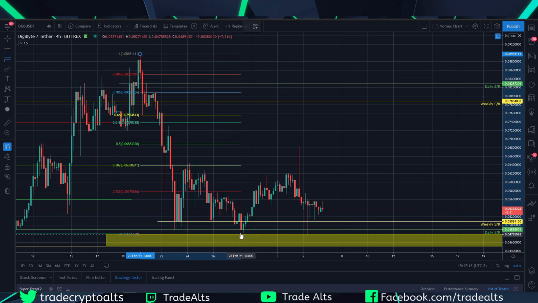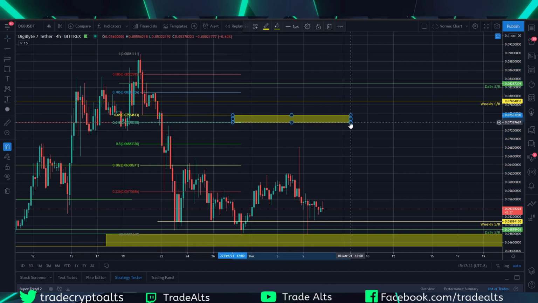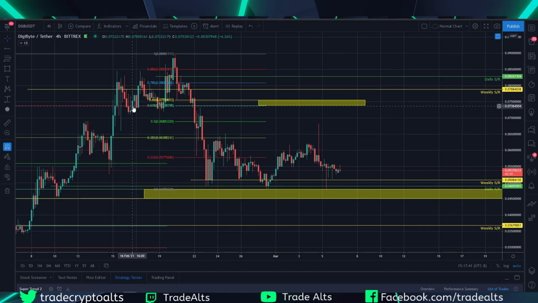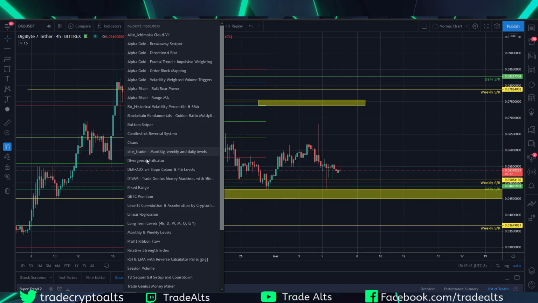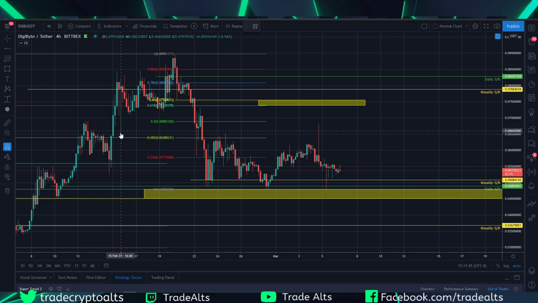Let's see if I can, come on now. There we go. See if anything lines up. Nothing really lines up. So here's your golden pocket, if you're coming back up this direction. This would likely be a resistance area for you to keep in mind. Nothing really lines up that I can see, and I don't want to confuse you; this is more just me looking at the chart.